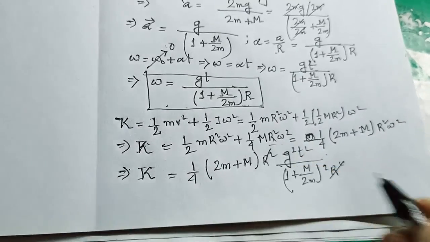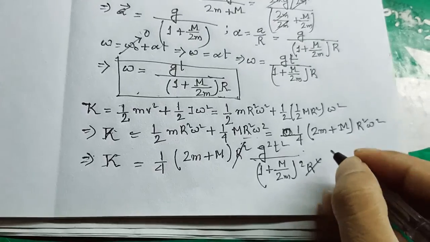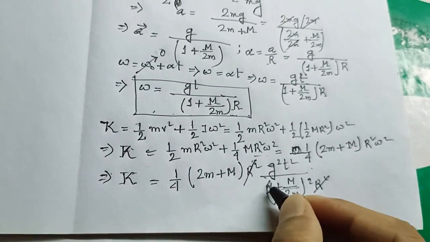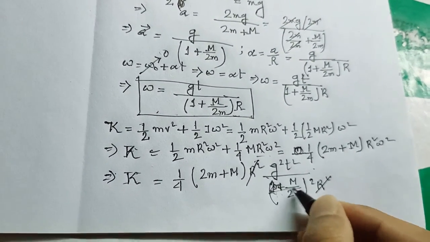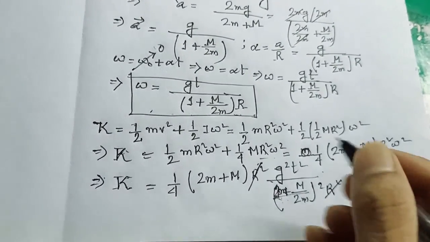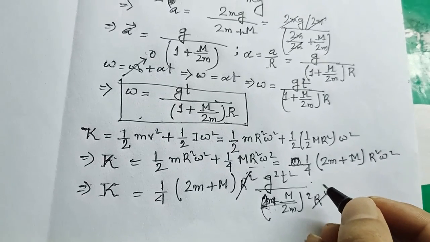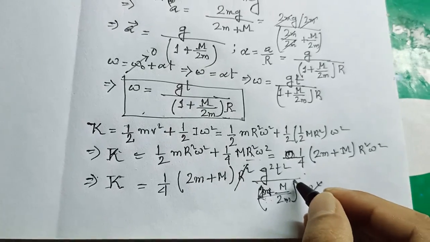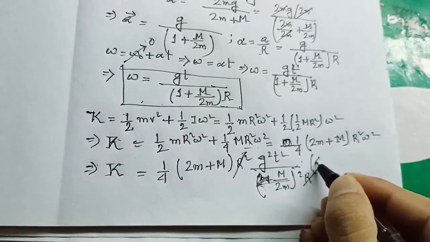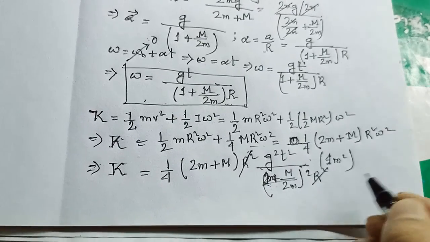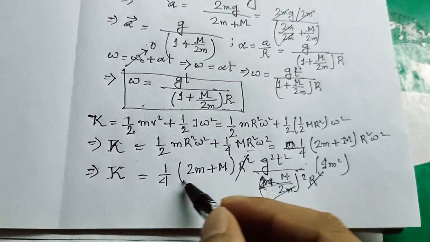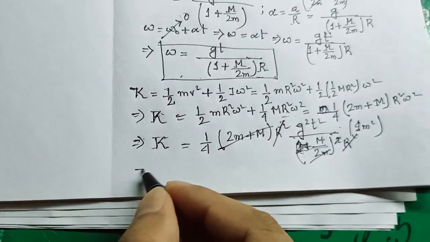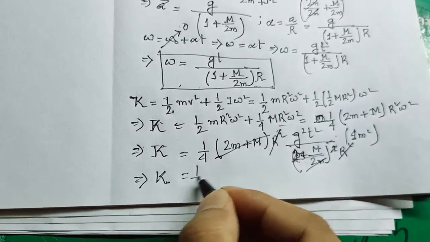This r square gets cancelled, and if we take the LCM, 2m goes to the upper side. Then that will be 4m square, and this one term will cancel and this square will cancel.